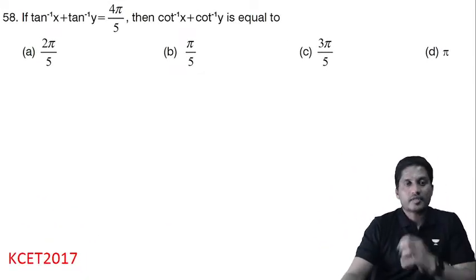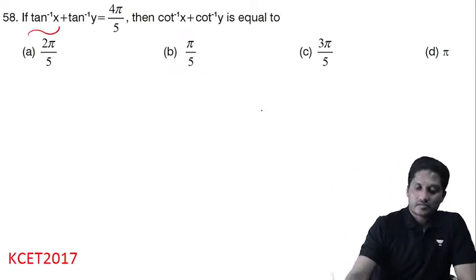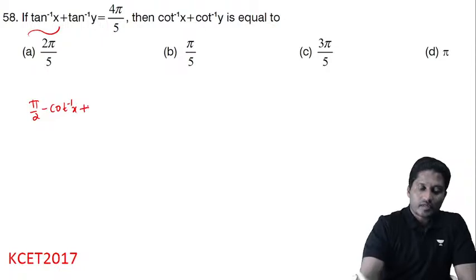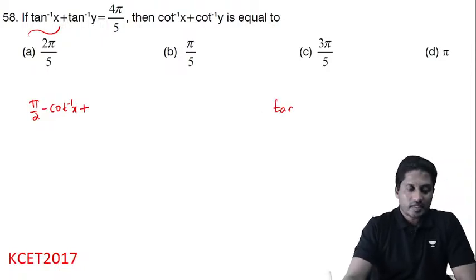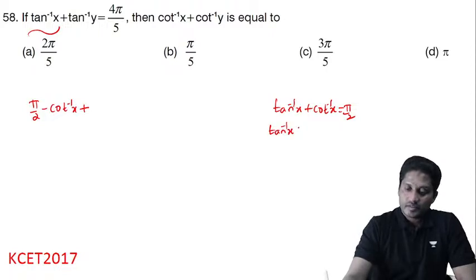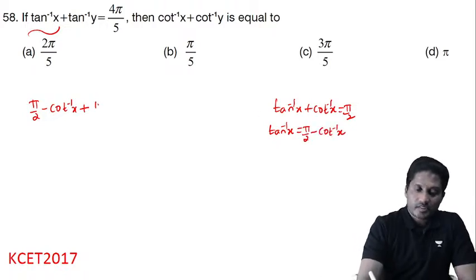Tan inverse of x plus cot inverse of x can be written as pi by 2, right? Using this result, tan inverse plus cot inverse is pi by 2. From this I can write tan inverse of x equal to pi by 2 minus cot inverse of x. Similarly, tan inverse of y is equal to pi by 2 minus cot inverse of y.